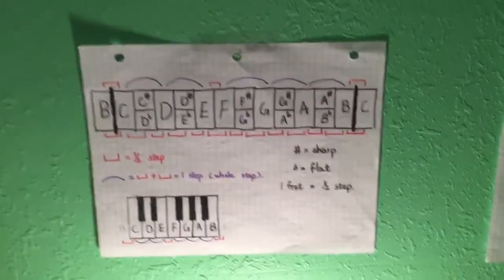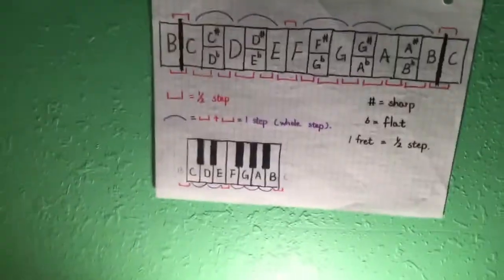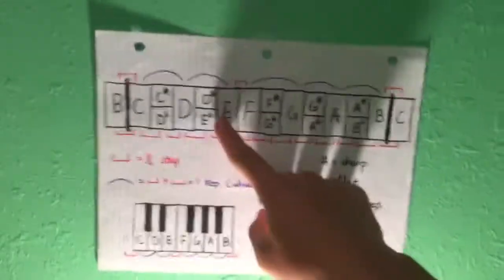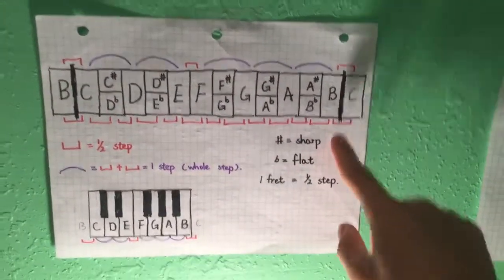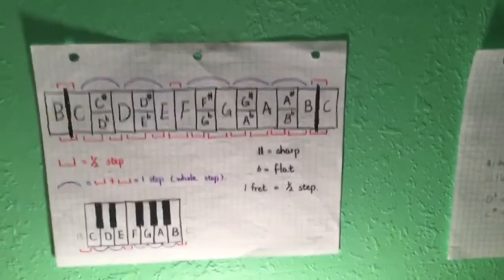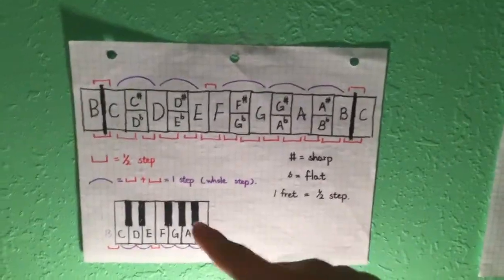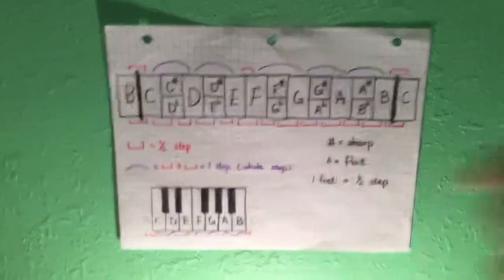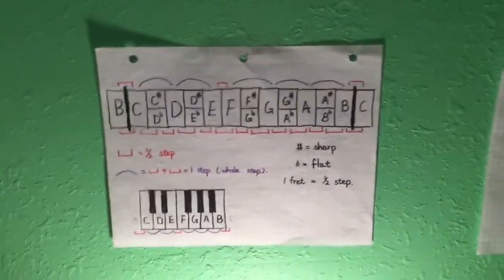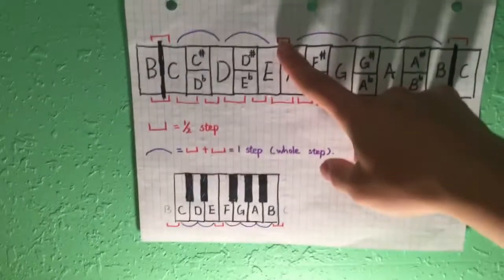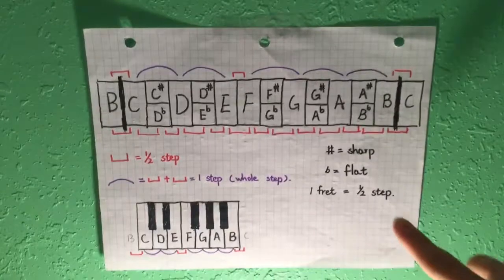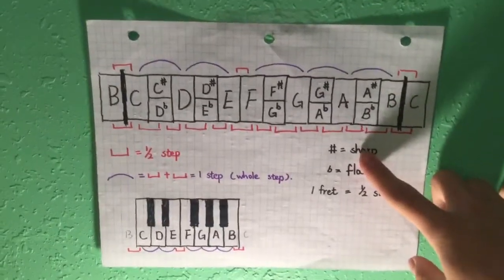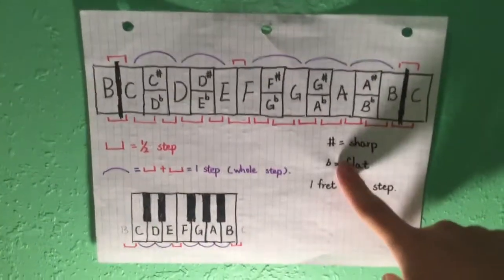But keep that in mind, and always remember that between E and F, and B and C, there are no B sharp or C flat or F flat or E sharp, because E and F are a half step away from each other, and E sharp is a half step from E, right?